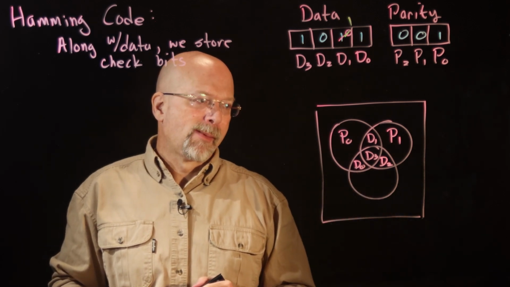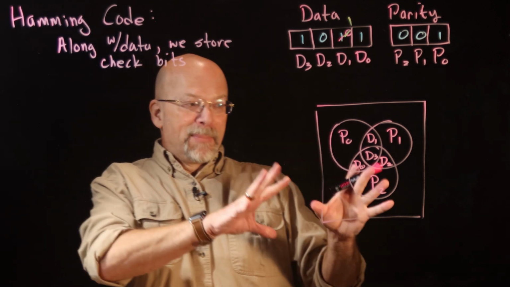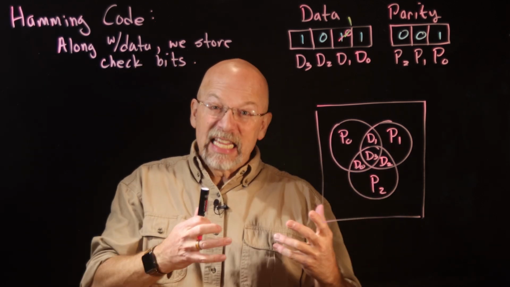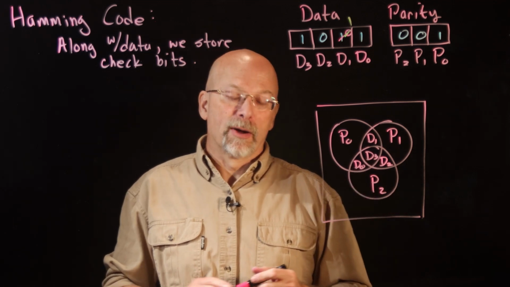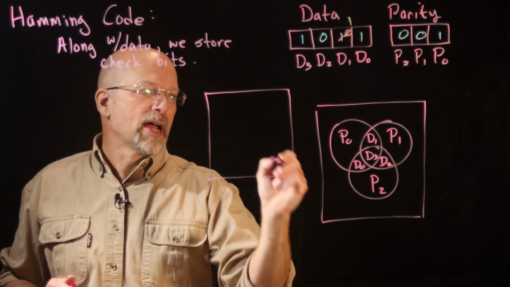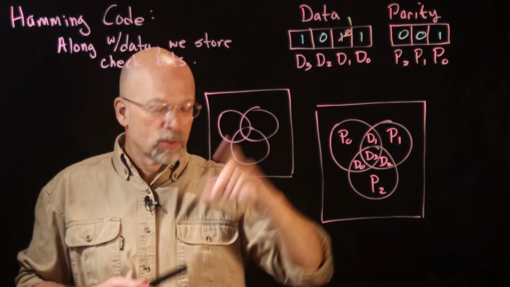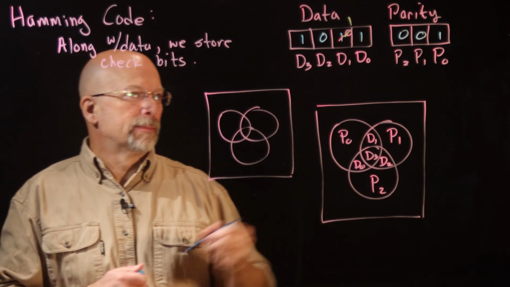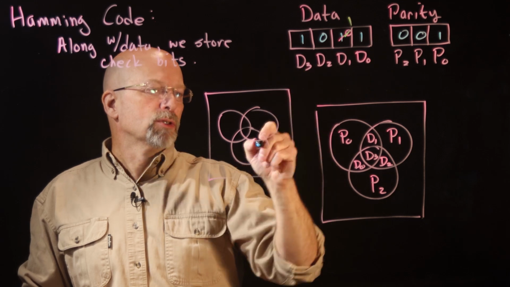And then P2, the last one, is going to have in its group D0, D3, and D2. So let's go ahead and do a Venn diagram filling in the values that we used for our data up here. So we had D3 was equal to 1.